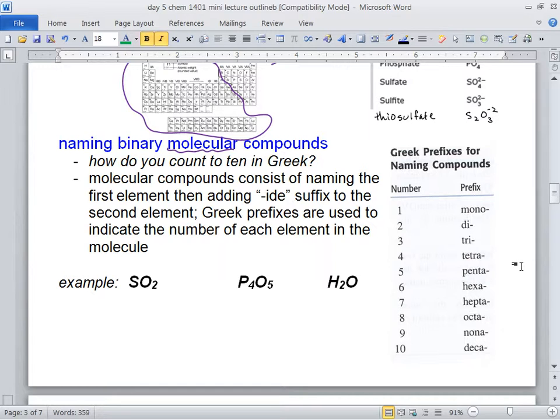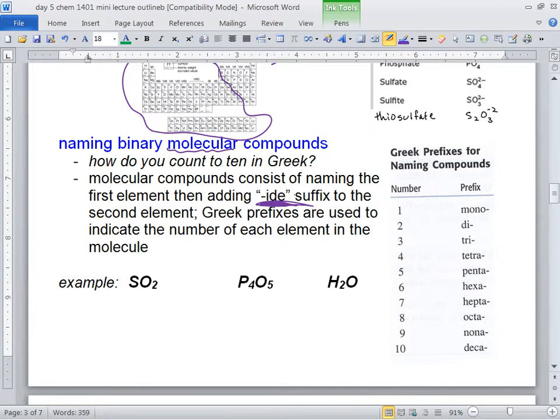So we count to 10 in Greek, and then the only thing we have to do is add the suffix IDE to the end of the last element, kind of like we did when we were naming anions. So for example, this one I would say monosulfur, not oxygen, but oxide.